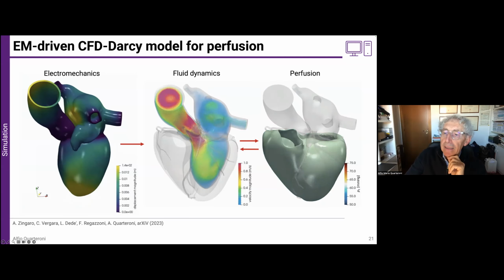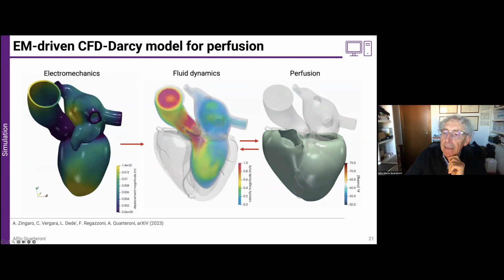We're using 16,000 time steps for a single heartbeat, which means that, as you see, it is a very, very, very tiny time step, because we want to actually address the complexity of all physical processes.